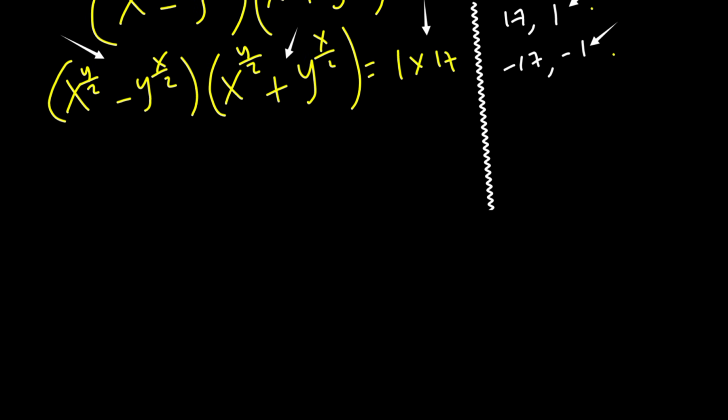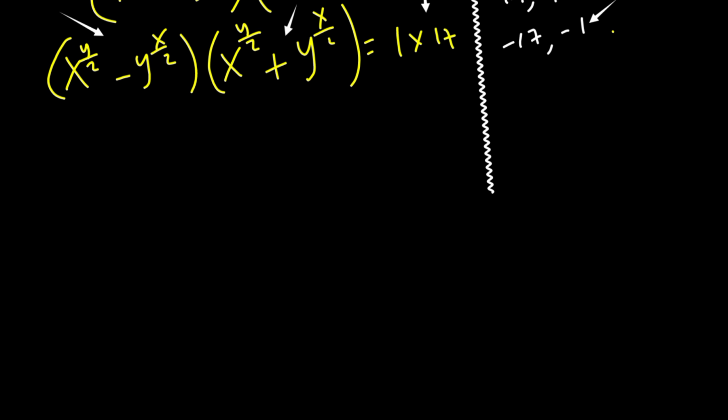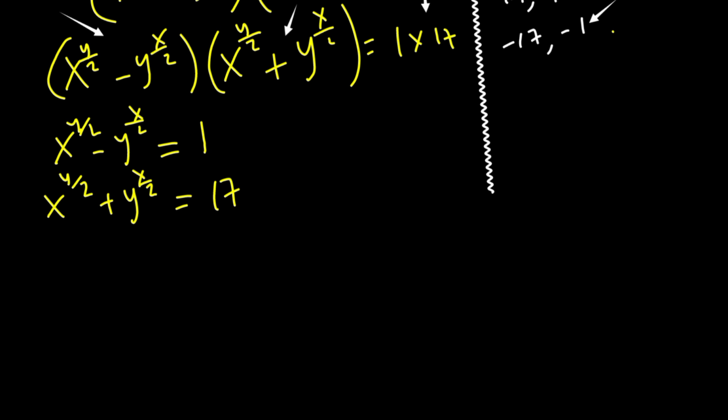So therefore, we can go ahead and equate the factors. x to the power of y over 2 minus y to the power of x over 2 will be equal to 1. And also, x to the power of y over 2 plus y to the power of x over 2 equals 17. So the added term must be greater than the subtracted term. So we can go ahead to solve the simultaneous equations, equation 1 and equation 2.